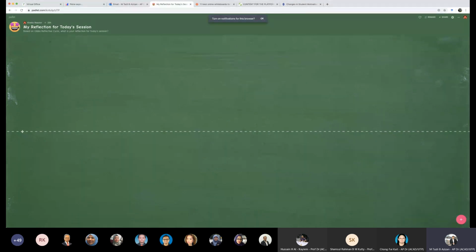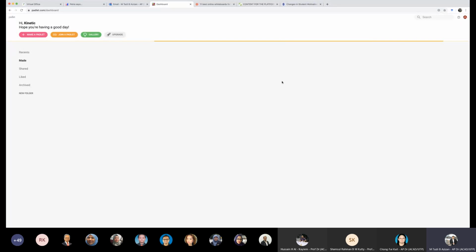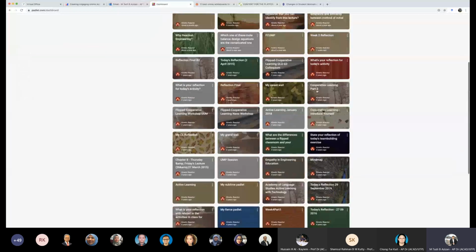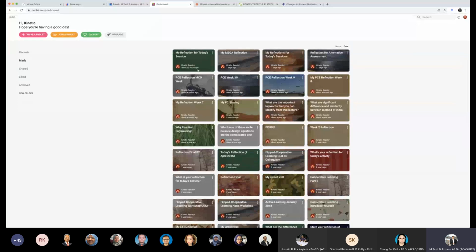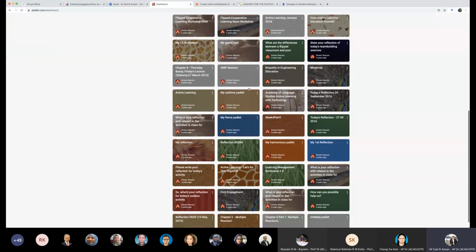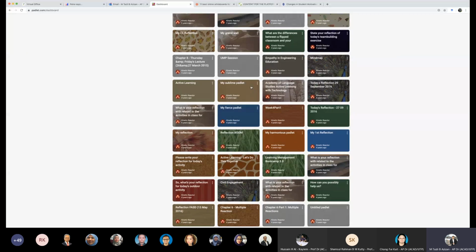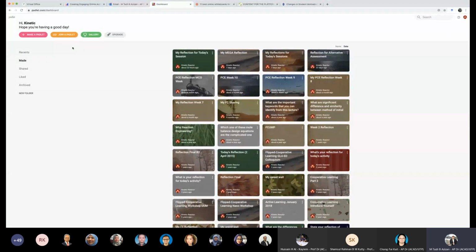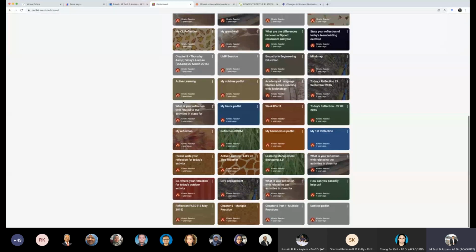Fortunately, I'm an avid user of Padlet. I've been using Padlet for quite a long time. I'm not a pro member, but I am able to have a lot of Padlet sheets. One of the things that I realized is that to use Padlet multiple times, you need to archive your Padlet.